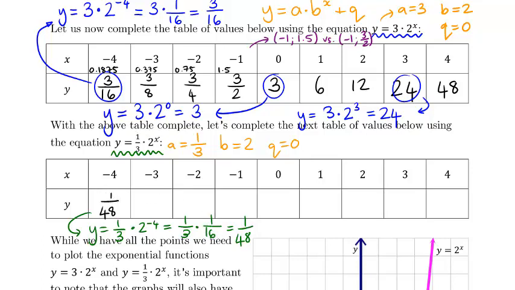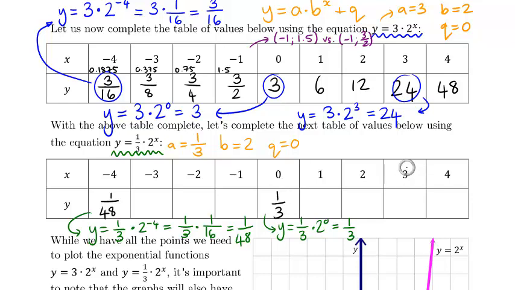Boom, nice and quick. What would have happened over here though? Well, over here, guys, we would have had y is equal to 1 over 3 times 2 to the naught. 2 to the naught is 1, and 1 over 3 times 1 is 1 over 3. Check it out, guys. In our classic exponential function, this was 1. But in our new exponential function, where it's 1 over 3 times that classic exponential function, the answer is a third of what it used to be.